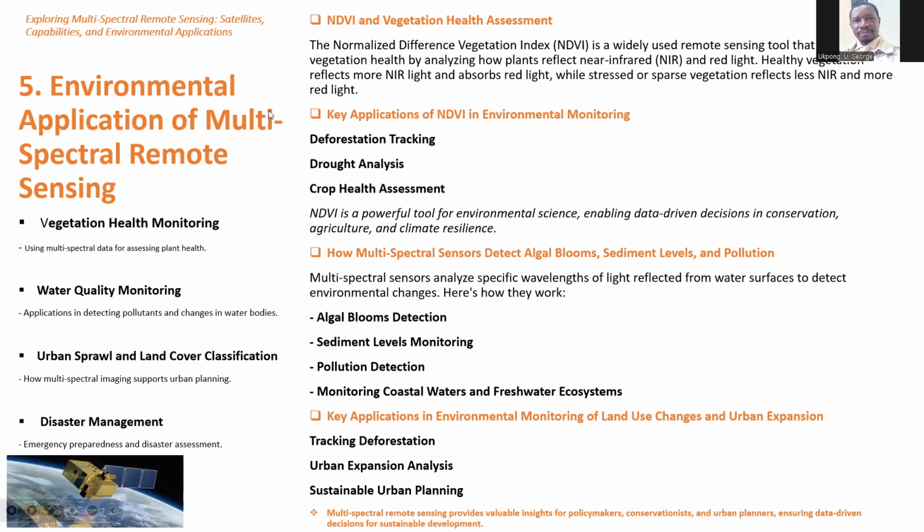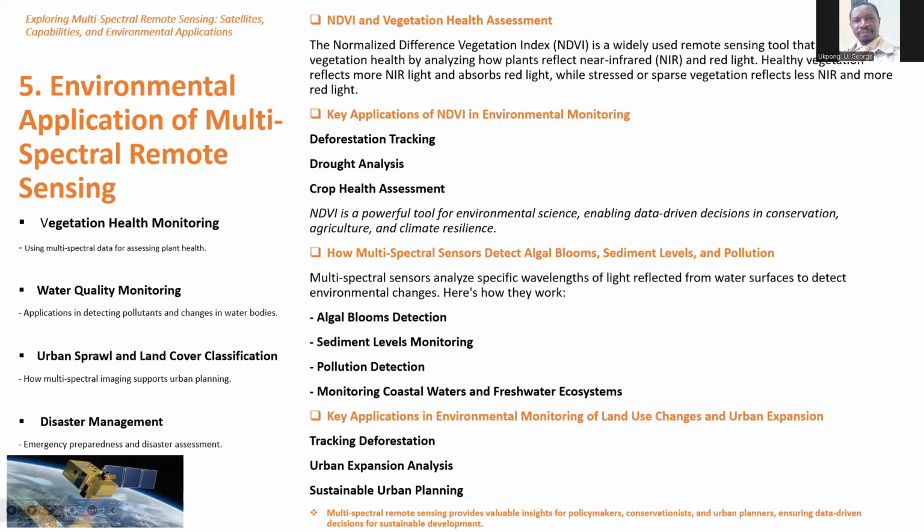Healthy vegetation reflects more NIR light and absorbs red light, while stressed or sparse vegetation reflects less NIR and more red light. So key applications using the NDVI in the environment, you see it in the areas of deforestation tracking, drought analysis, crop health assessment.